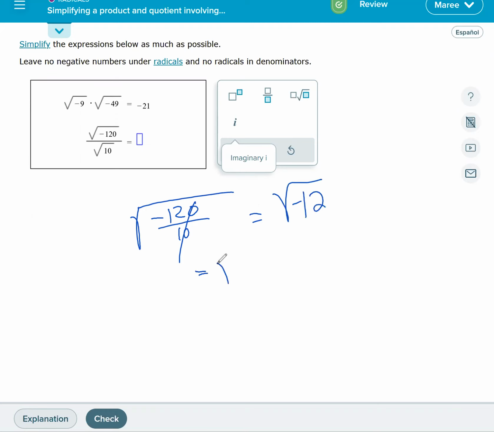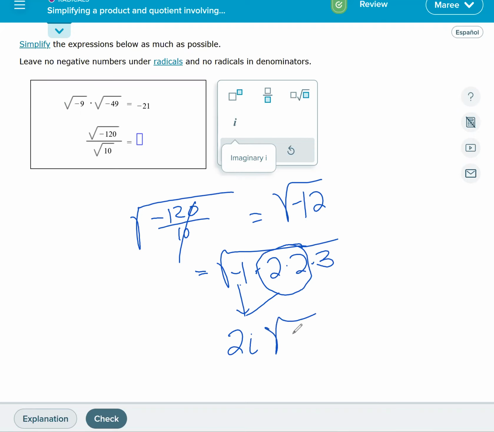So that is equal to the square root of -1 times, and I like to write 12 as 2 times 2 times 3, because the square root of 4 is equal to 2. So I have 2, that comes out here. Square root of -1 is i. 3 doesn't have a pair, so it's square root of 3. And that's what we type for our answer, 2i square root of 3.